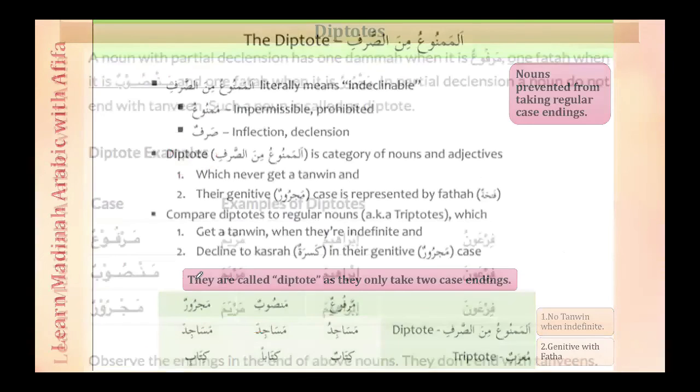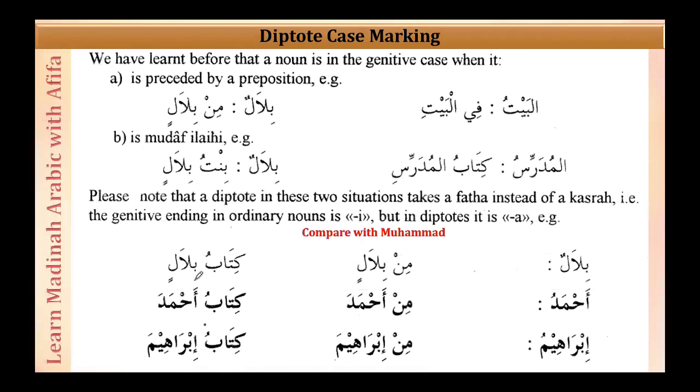Okay, it should have been kitabu Ahmadin, but it refuses the kasra. So kitabu Ahmada. So it's stubborn, right? Because it's a foreign name also, Ahmada. Kitabu Ibrahima. We talked about this. It should have been Ibrahimin, but it doesn't do that. It's Ibrahima.